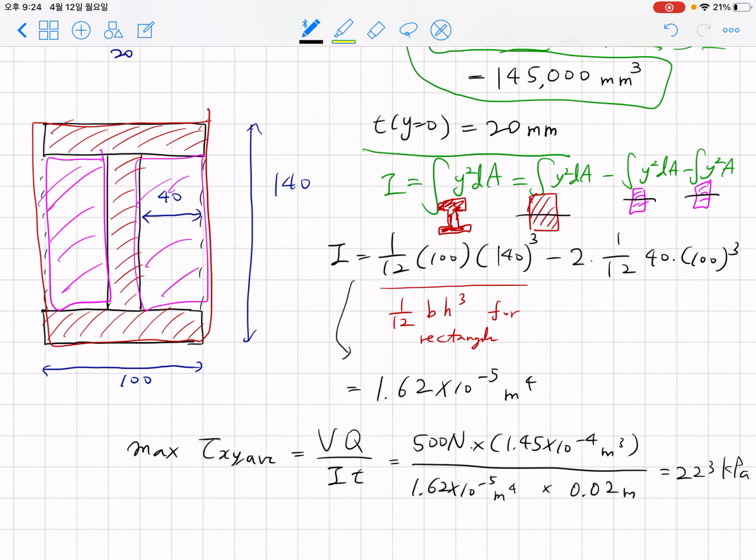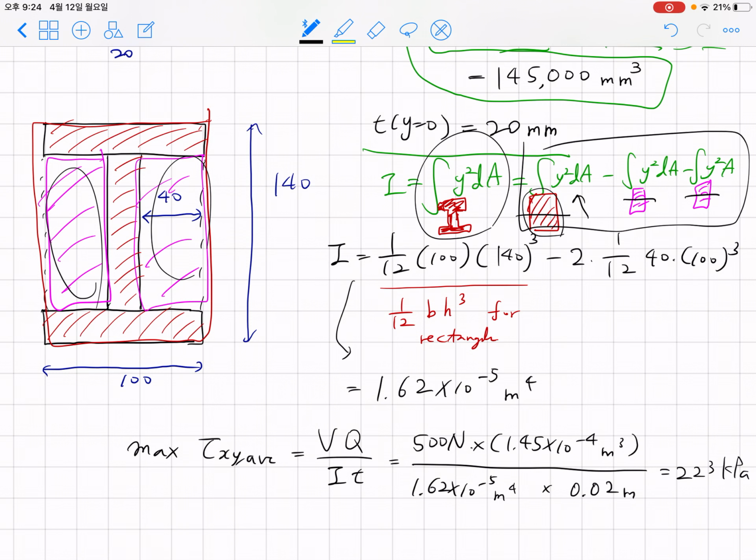So if you do this integration over this rectangle first and subtract contribution of these two purple, from simple mathematics, it must be the same as the integral in the left hand side, right? And the reason why I took these kind of decomposition is it's quite easy to obtain the area moment of inertia for this rectangular shape.